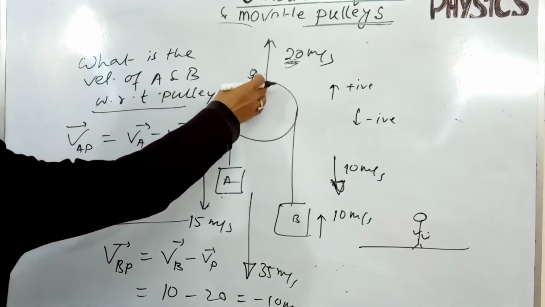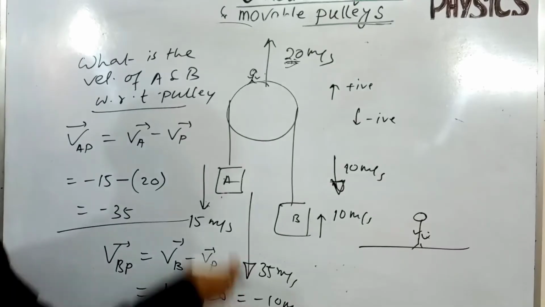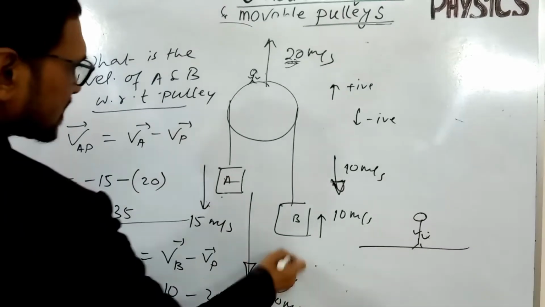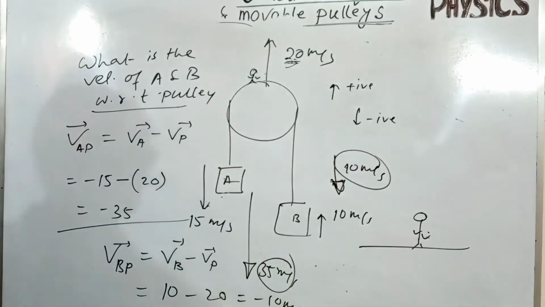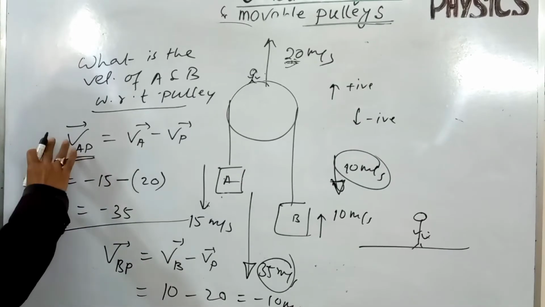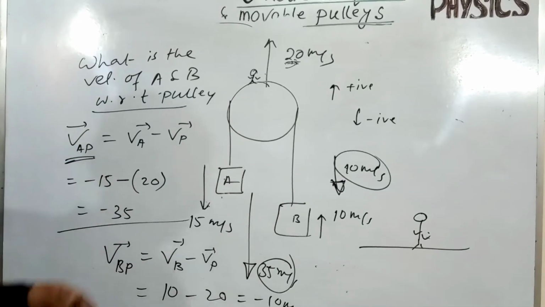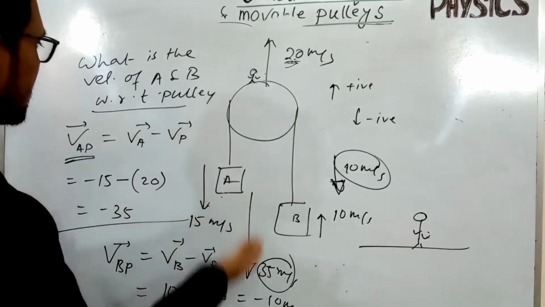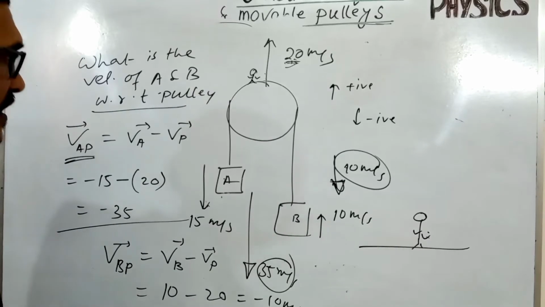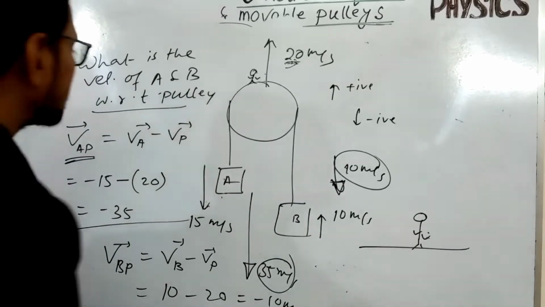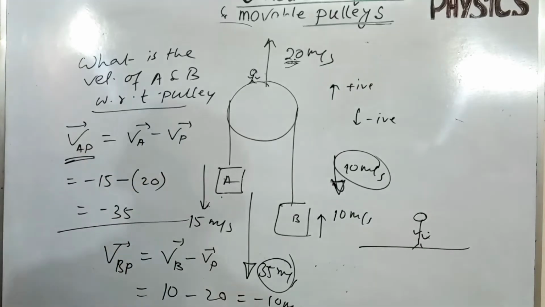When we observe from the pulley, the block A and B move with this velocity and this velocity. So this is the relative velocity with respect to P. So just apply the formula of relative velocity. If you know the relative velocity, then this problem is not difficult. Just apply the formula of relative velocity.